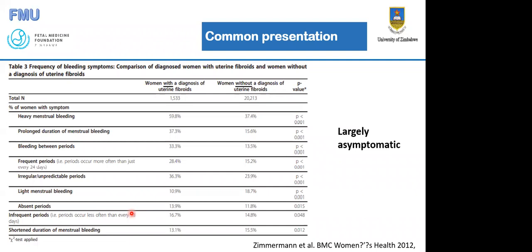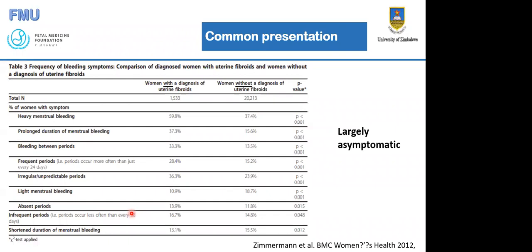So women could present with urinary symptoms, or issues to do with defecation, depending on the size of the fibroids. So fibroids can cause a lot of different kinds of symptoms in different women, and you should always be aware of this. However, we should also be aware that the majority of women with fibroids are actually asymptomatic. More than half of women with fibroids are asymptomatic.